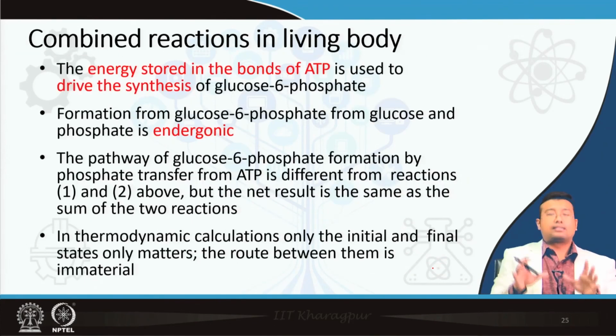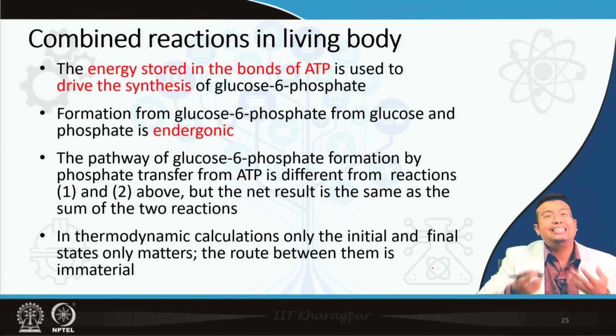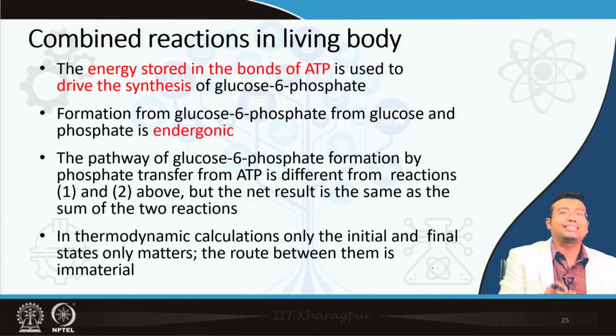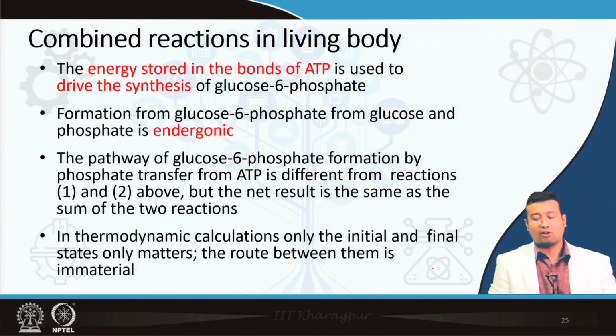This principle is actually used in multiple steps, in multiple reactions that we will read in detail, where any endergonic reaction can be thermodynamically coupled with an exergonic reaction, and ultimately the final reaction is possible in the biological system.